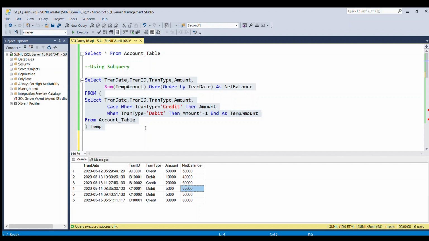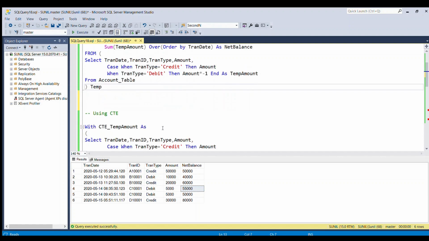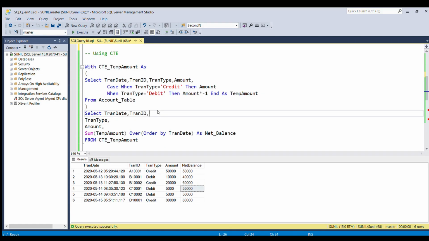Now we can see how we can solve this problem by using CTE, that is common table expression. In CTE also, the steps and the concepts remain the same. So we have started the query with the WITH keyword, and then I have given the CTE table name, CTE underscore temp amount, AS keyword, and after that I am deriving the temporary amount, which is our first step.